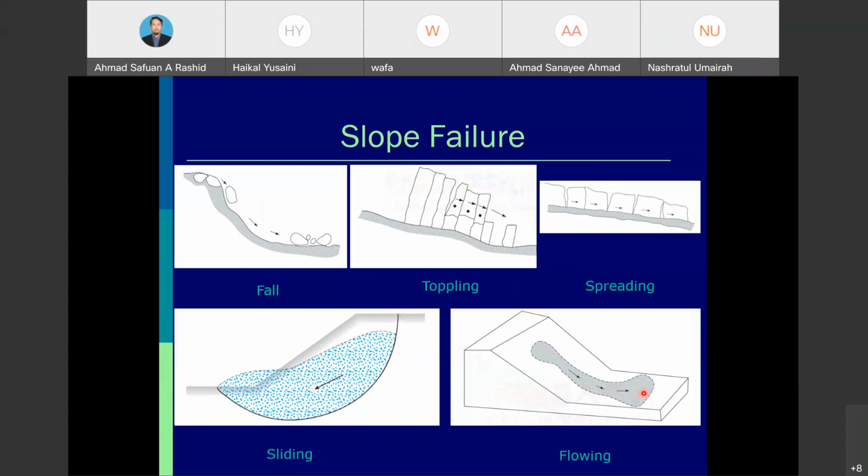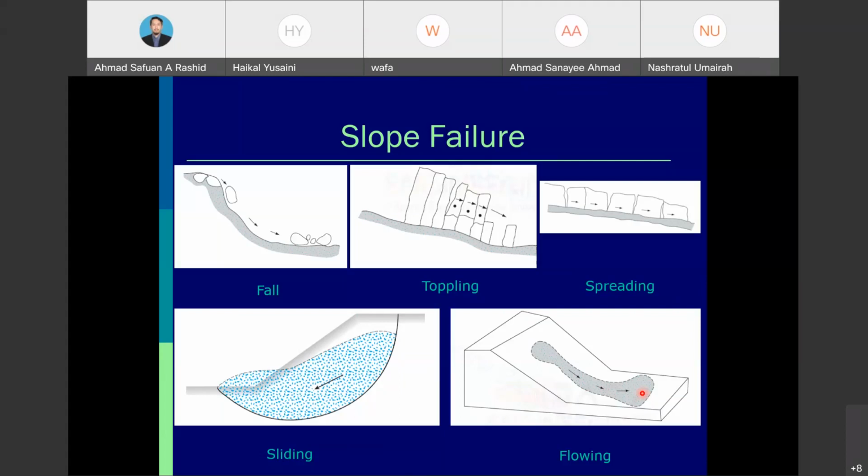If I'm not mistaken, last month we had a debris flow event at Kedah, in Yan specifically, where a huge debris flow occurred at that particular area, and it was involved in the study to develop what we call a check dam or sabo dam.